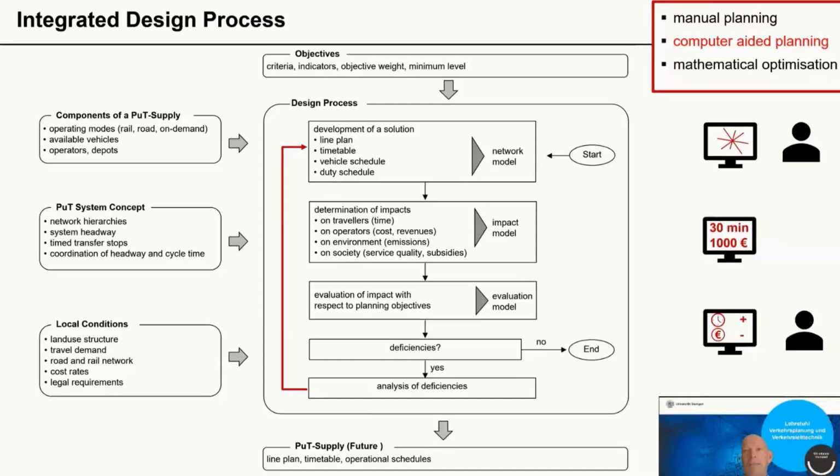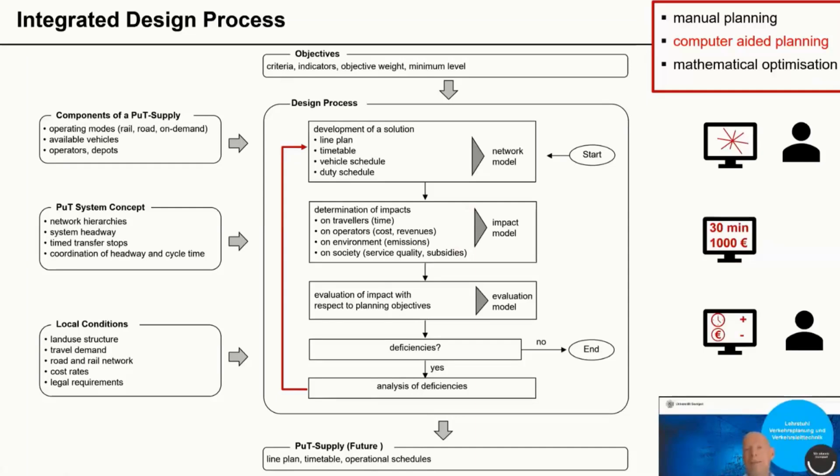This is the process I want to show you. To a certain extent, you can use mathematical optimization in this process, because we have mathematical models there, like the traffic assignment model I showed you yesterday.